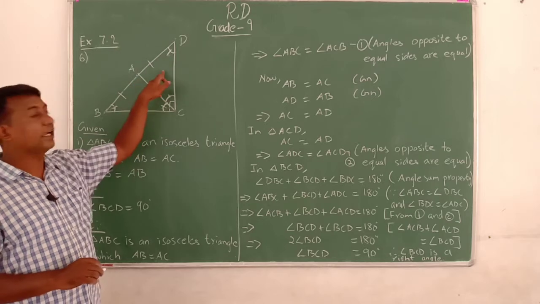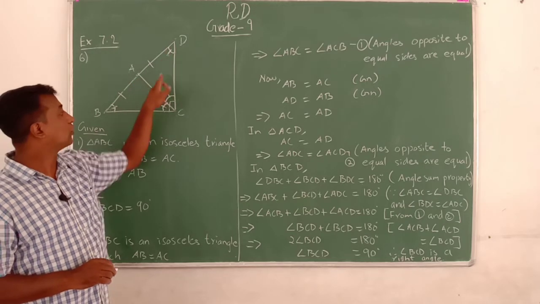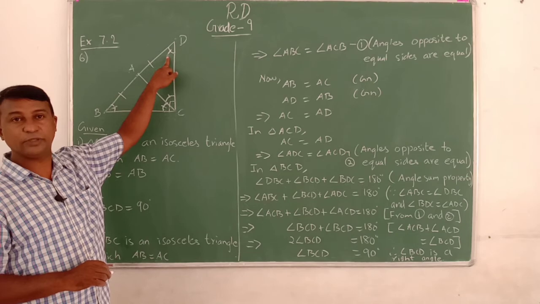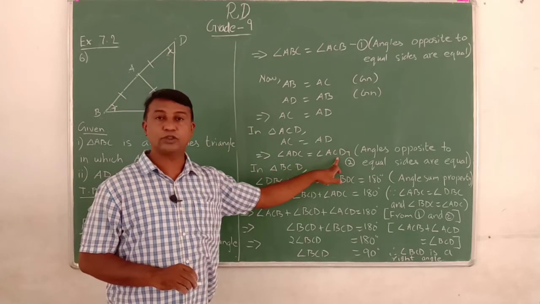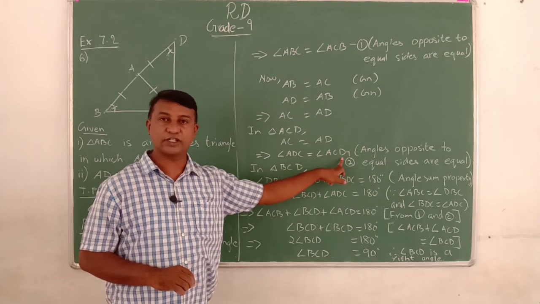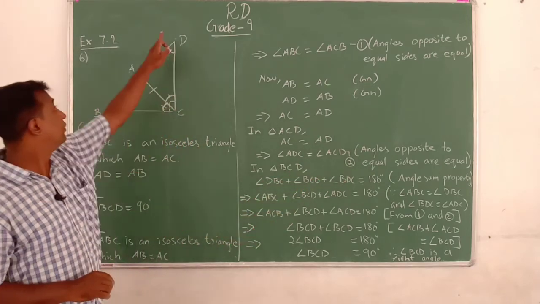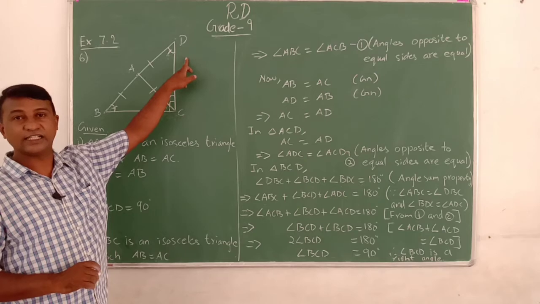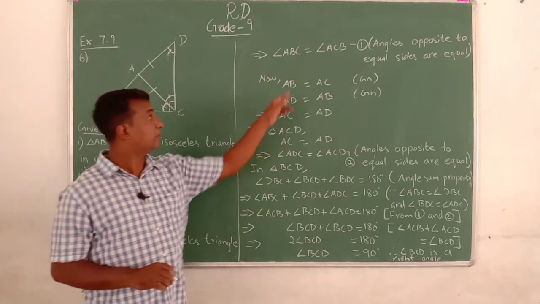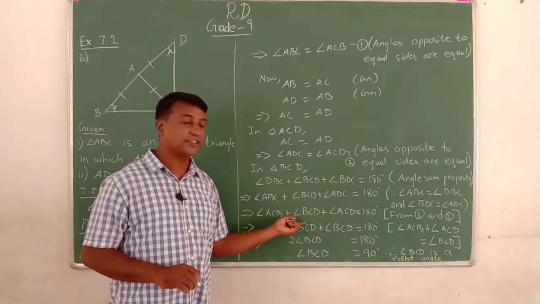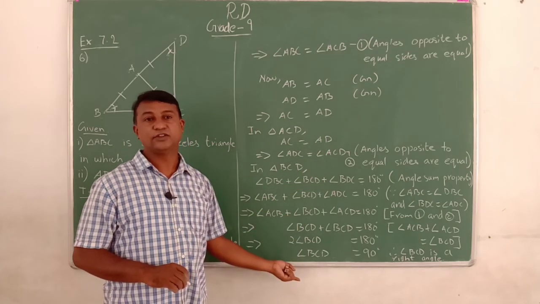So this is also an isosceles triangle, so angles opposite to that also will be equal. Based on that, angle ADC will be equal to ACD. This is equation number 2. Then after that we took the total triangle. The sum of these 3 angles will be equal to 180 degrees, and based on conditions 1 and 2 we interchanged and wrote, and then we concluded the solution.